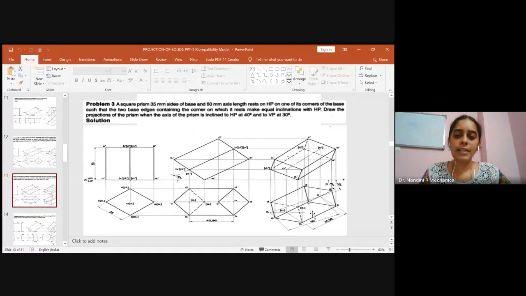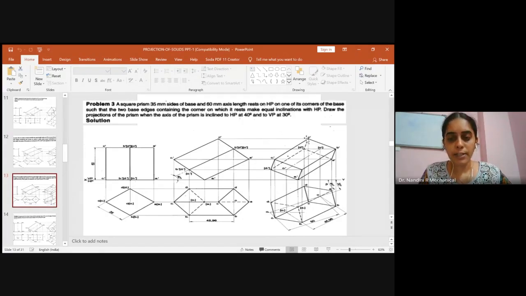After this, the last stage, we need to determine the final stage of the front view. For that, what we do? We take the projection from D1, projection from C1, projection from B1, projection from A1, and also from the center, don't forget, from O1. Similarly, projection from B, projection from A, projection from D, and projection from C you have to extend.